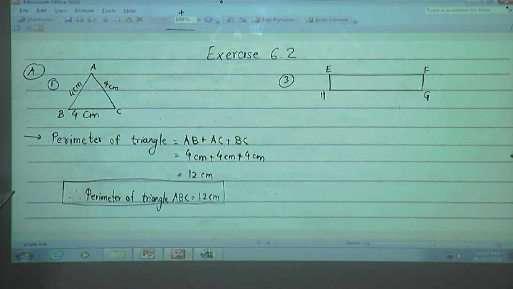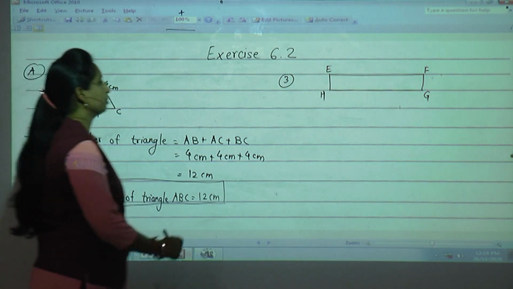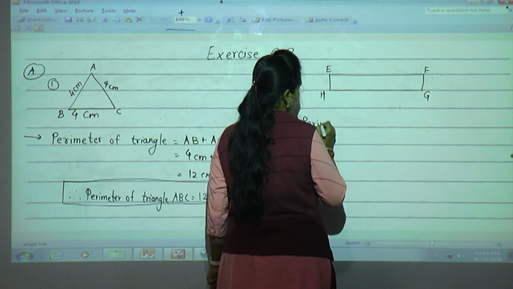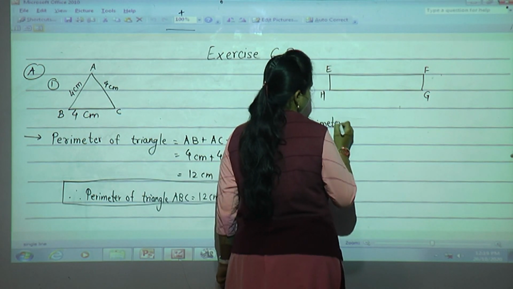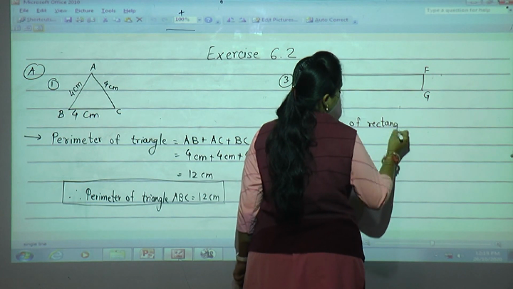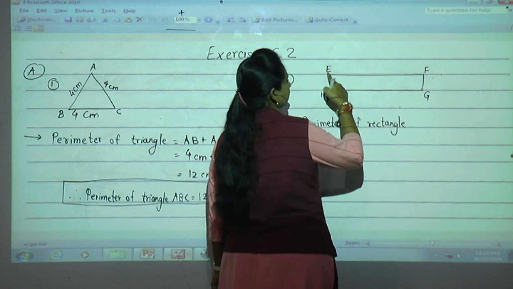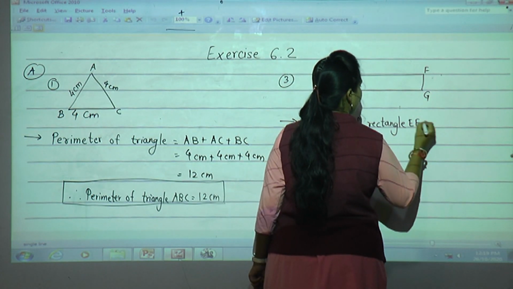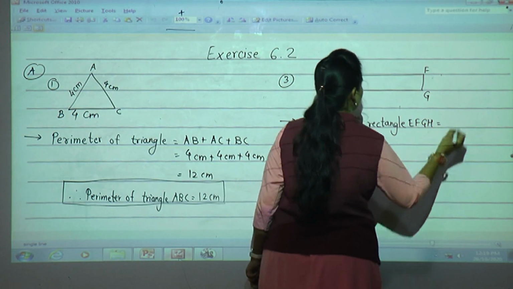Use the ruler and measure and tell me. Here we are going to find the perimeter of a rectangle, isn't it? What is the name of the rectangle? EFGH.